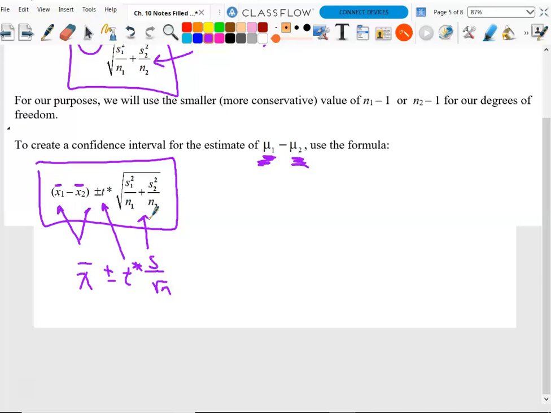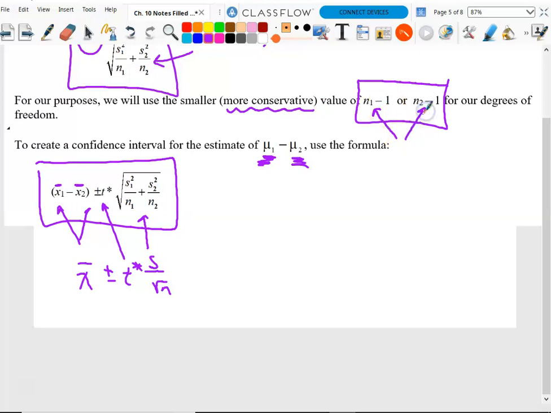I do want to kind of talk about this because, if, theoretically, you were forced to do something by hand, we could use what I like to call the more conservative, not fancy formula. Degrees of freedom of, I don't know how big his sample is, but I could minus 1.